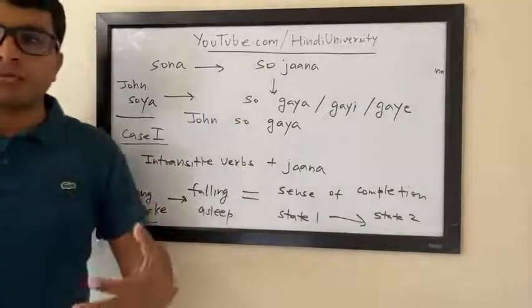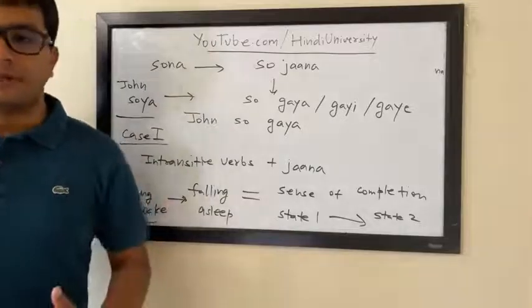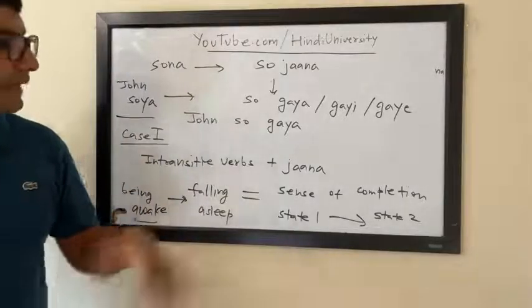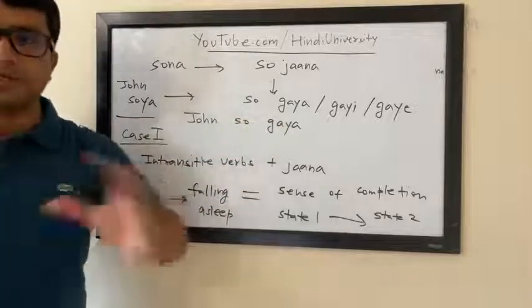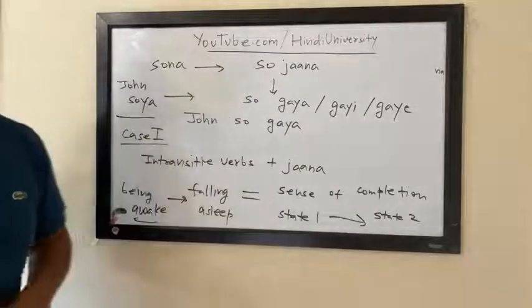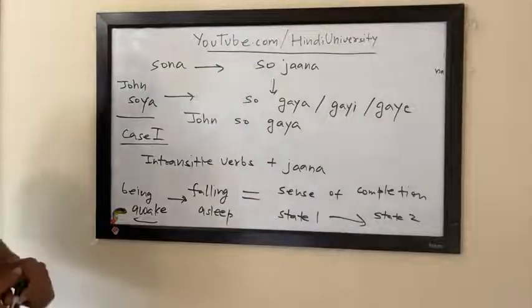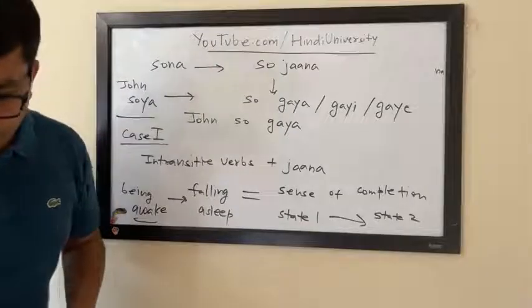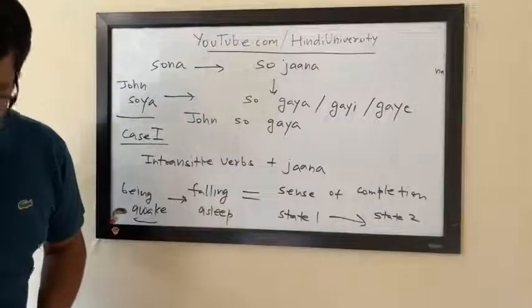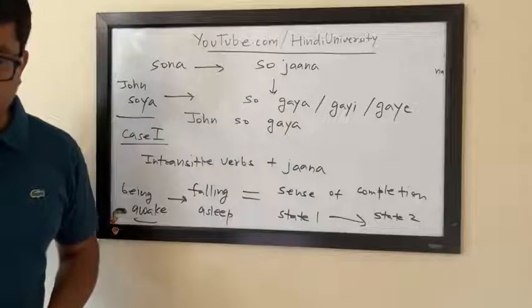It just tells you John slept. It's not showing you that extra effect of state or transition from being awake to falling asleep. Any questions with this one? Because it is tricky, feel free to throw your questions. We'll definitely do more examples, but I want to take questions right now.